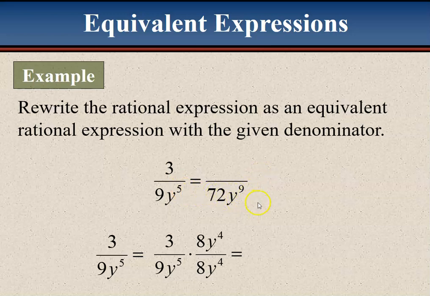We can see that it is multiplied by 8y to the power of 4. So we also multiply the numerator by 8y to the power of 4. Therefore, the result is 24y to the power of 4 over 72y to the power of 9.